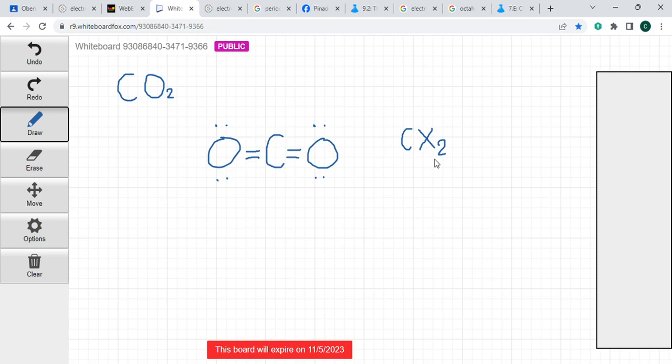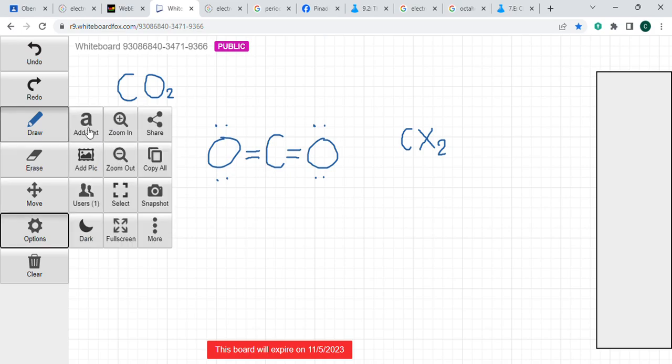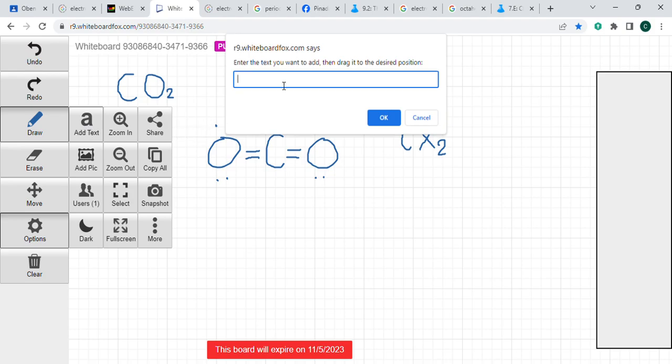With that notation, we can see that AX2 means that CO2 is linear. Its electron geometry is linear.